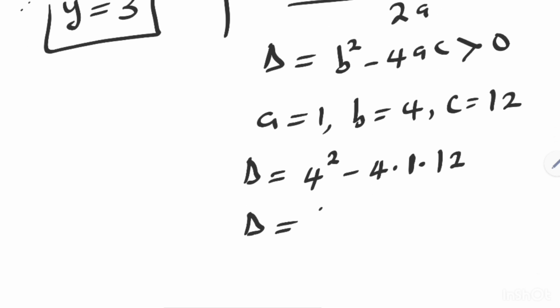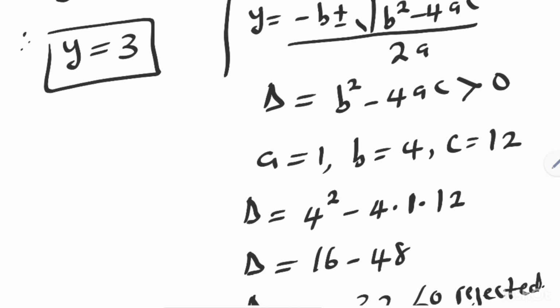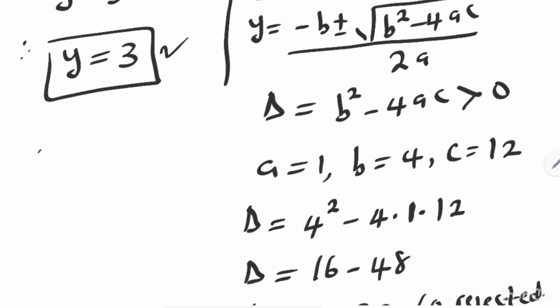D is equal to 16 minus 48, that is minus 32, and this is less than 0, so it is rejected. Therefore, the only real solution we have is y is equal to 3.